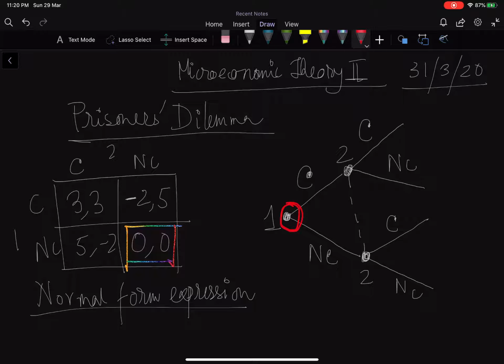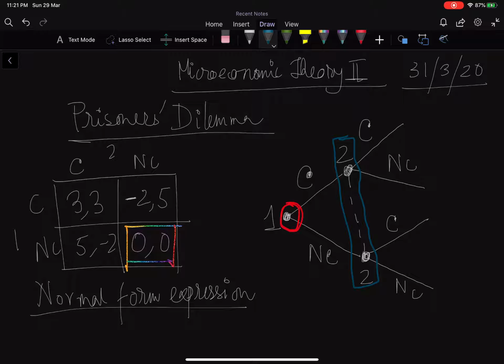One knows, of course, at this node which strategy it will choose. This dotted line here signifies that 2 does not know which node it is sitting on. Is it sitting on the top node or the bottom node? When 2 moves, 2 just knows that 2 is in one of these two nodes.